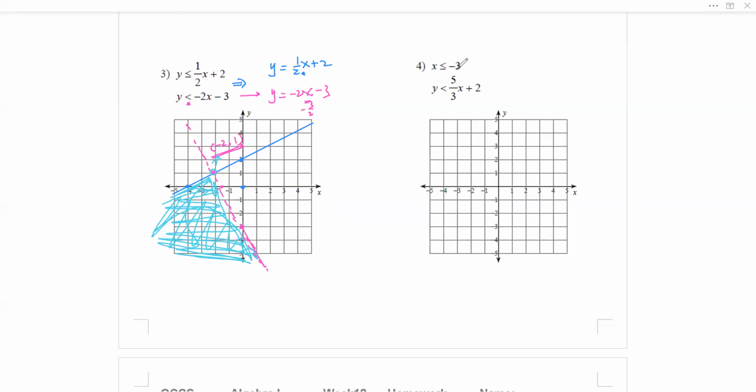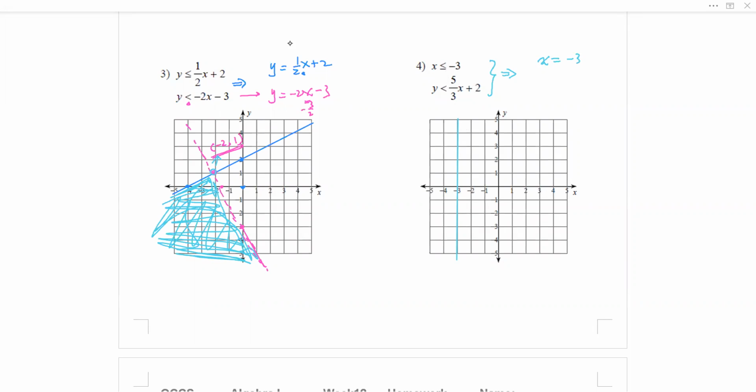All right, let's graph this part. Let's see this one. First we change it into x equals negative 3, which is easy. It would be right here, and the equation is included, so it's a solid line.